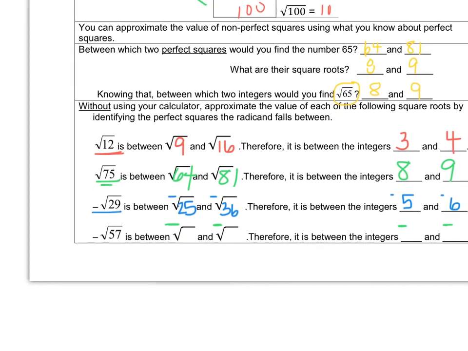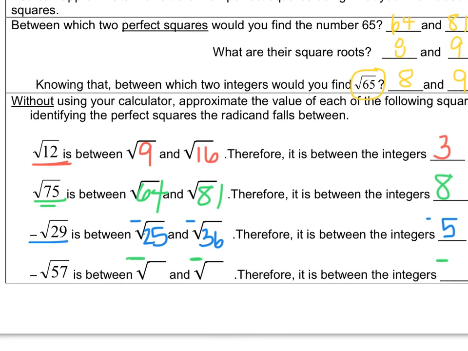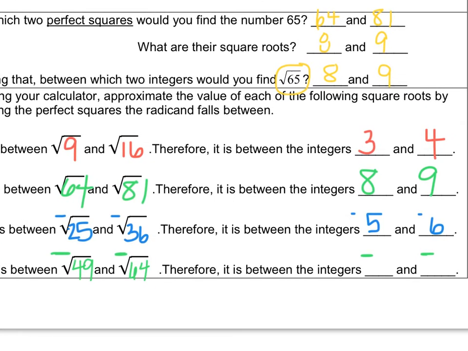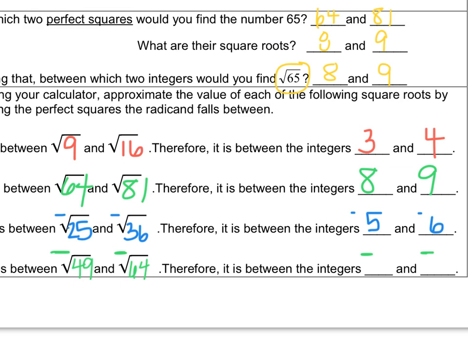So that means that the negative square root of 57 is between negative square root of 49 and negative square root of 64. So it is between the integers, the square root of 49 is 7, and the square root of 64 is 8. So we have to know that list of the first 10 perfect squares and use those to estimate our numbers that are not perfect squares.